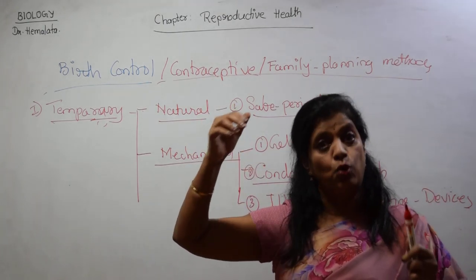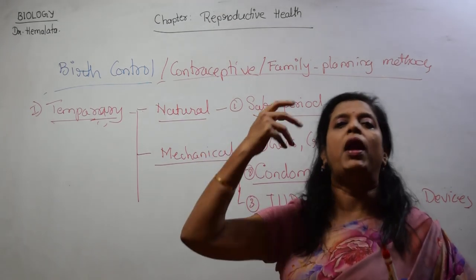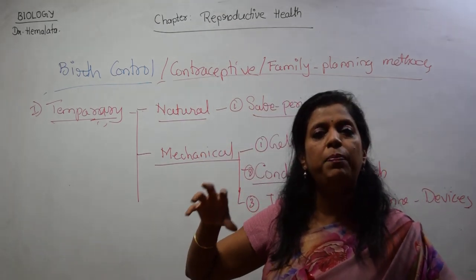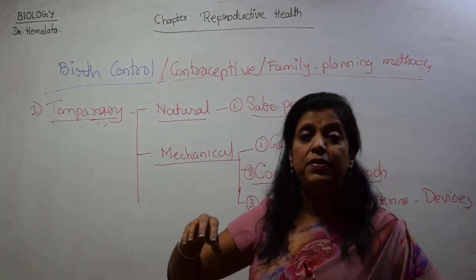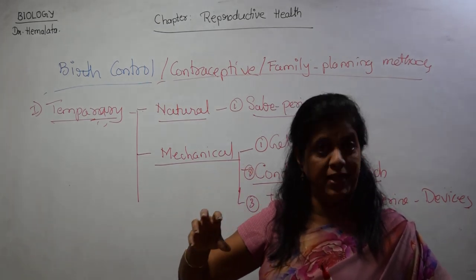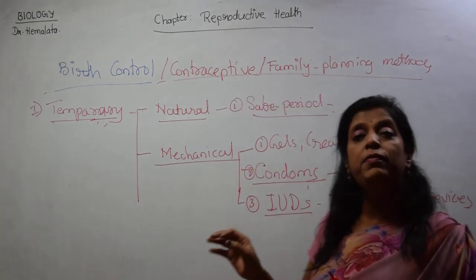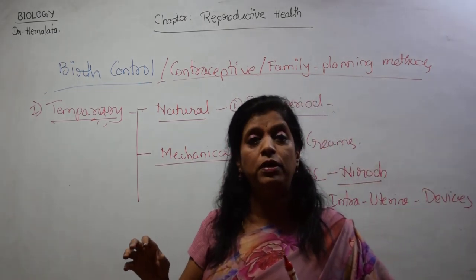If fertilization happens also, there is no implantation, because if there is some foreign body already present in the uterus, then implantation will not take place, right? So this is an intrauterine device which is very common.